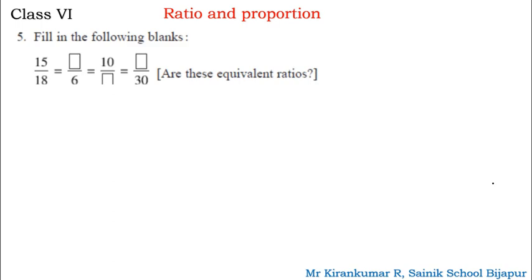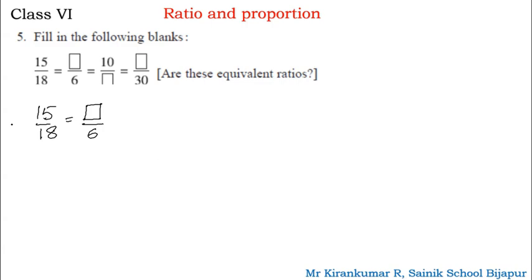Question number 5. We need to fill the blank and check whether they are equivalent ratios. First, let me consider a part of it, that is 15 by 18 equal to this missing number divided by 6.